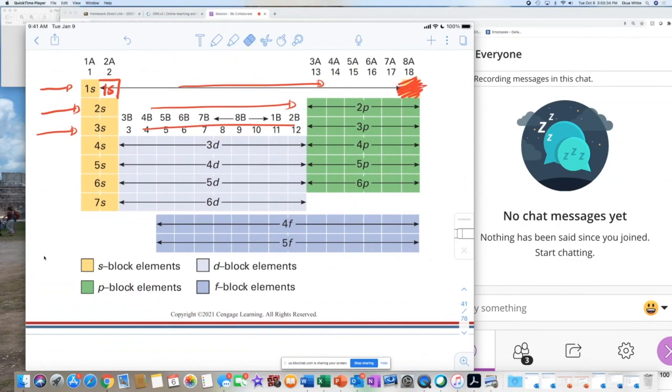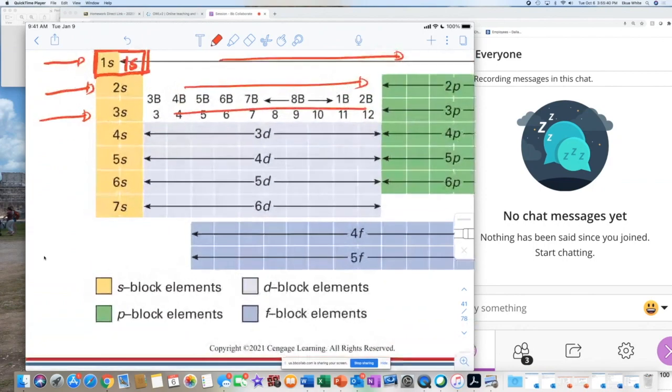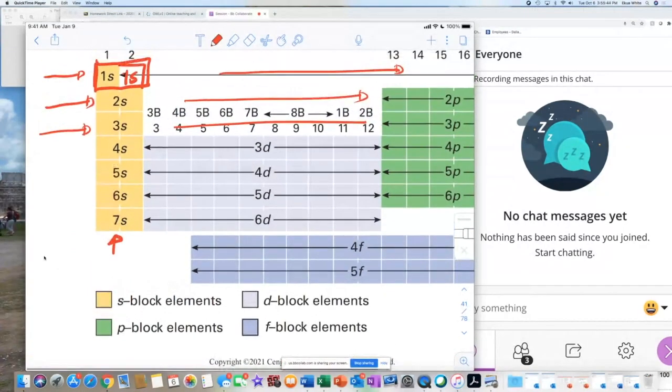So please notice right here, this first sub-level is labeled 1s. We mentioned this before. This is called the S block, right? The S block starts off at energy level 1. So this is 1s here. Next, below that, 2s. We have 3s, 4s, 5s, 6s, 7s.